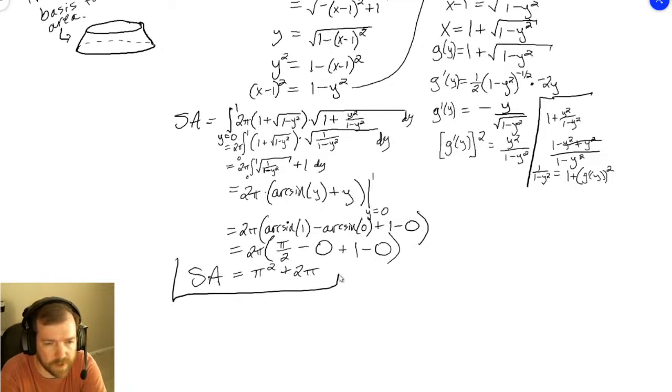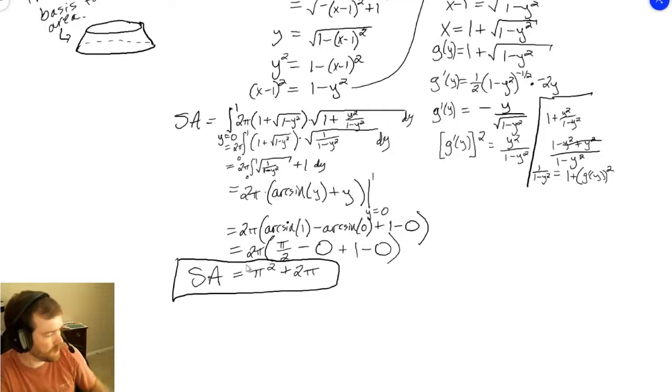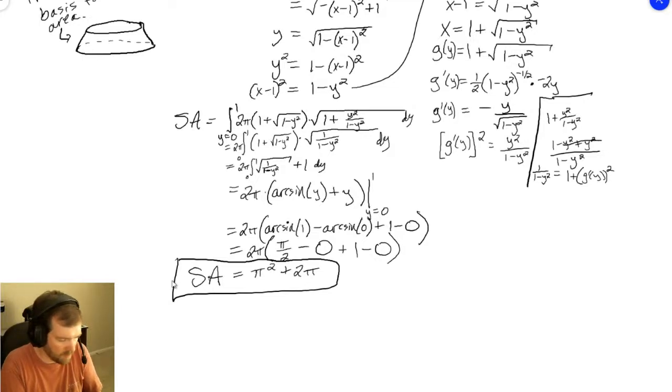So the surface area of this thing is pi squared plus 2 pi, which is very approximately 16.15 square units.